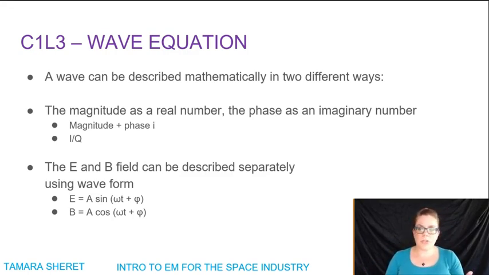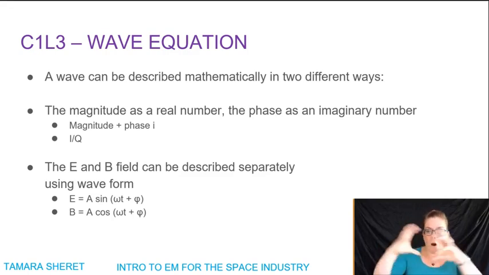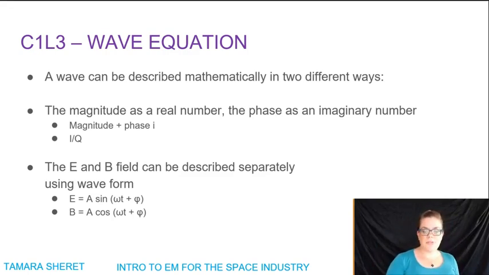Omega is the angular frequency, t is the time, and phi is the phase. That whole bracket tells you the rate of change of the angle, and A is your amplitude. This also tells us the relationship between the electric and the magnetic field.